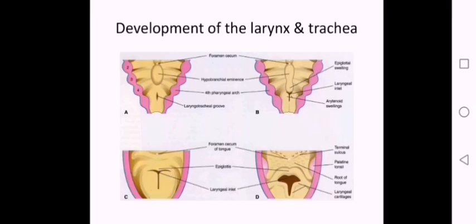The arytenoid and other laryngeal cartilages develop from the neural crest cells that migrate from the 4th and 6th pharyngeal arches.